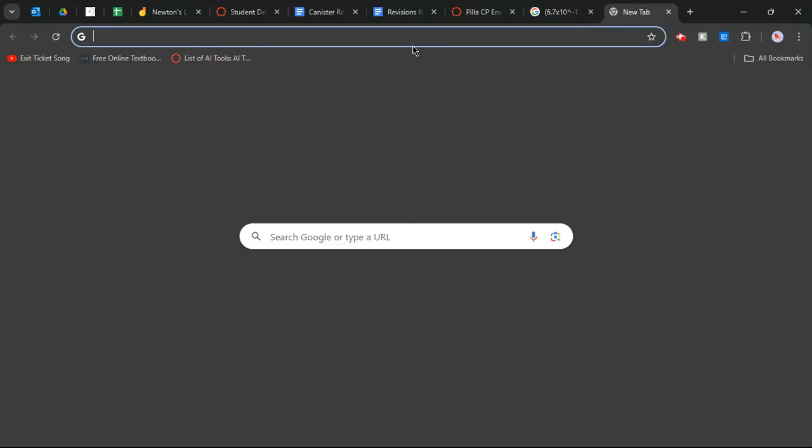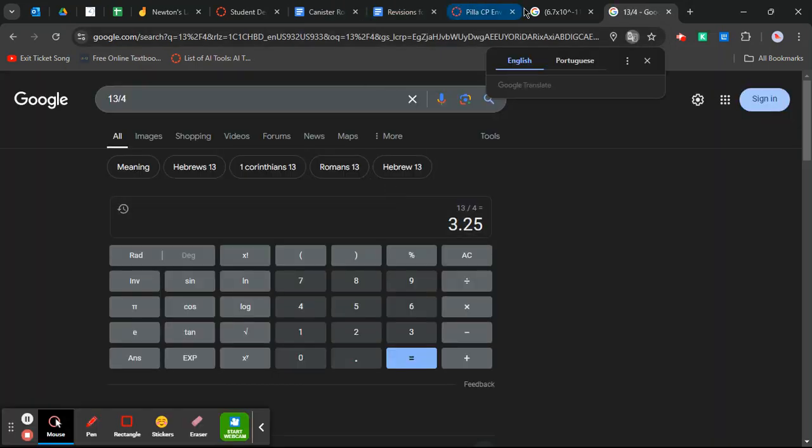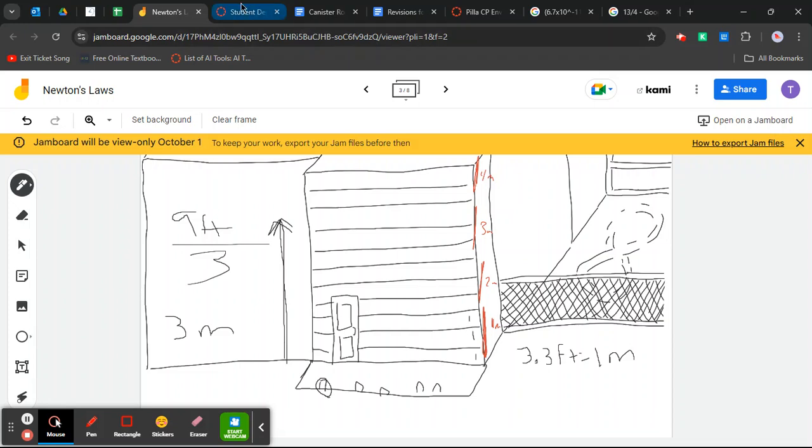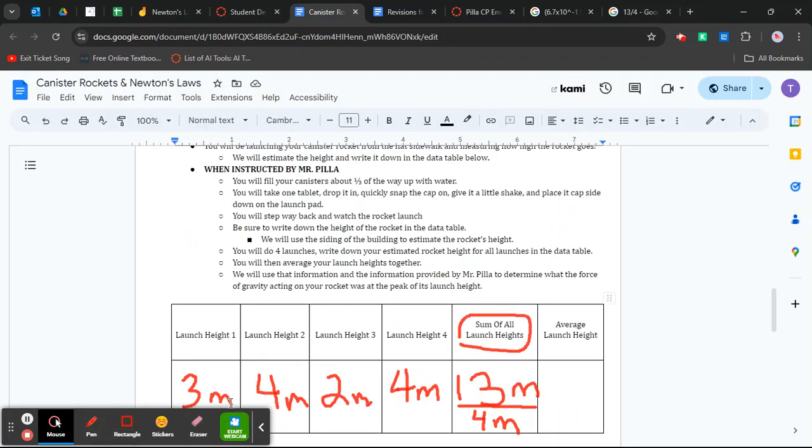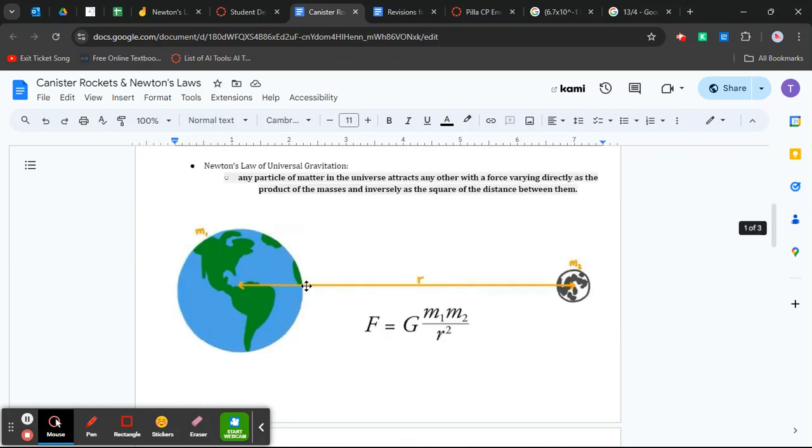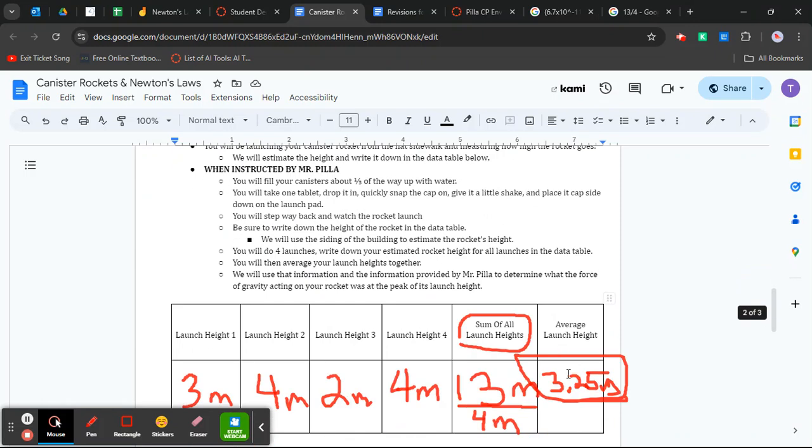If we use a calculator, 3.25 meters is your average. So go back to the pen, 3.25 meters. Let's use just that average when we calculate how much gravity there is between the Earth and your canister. We'll do it at that height.